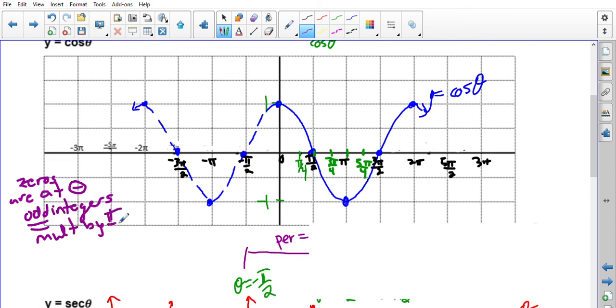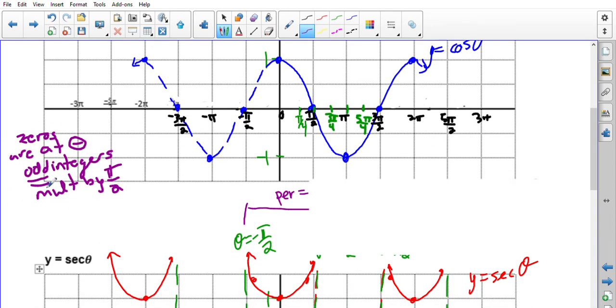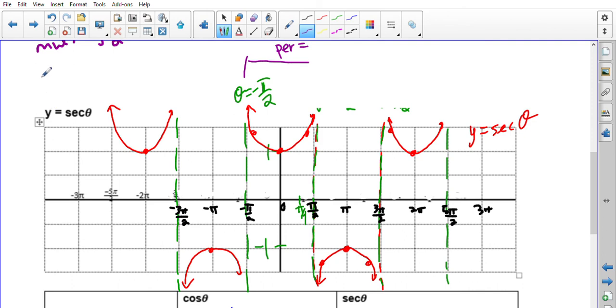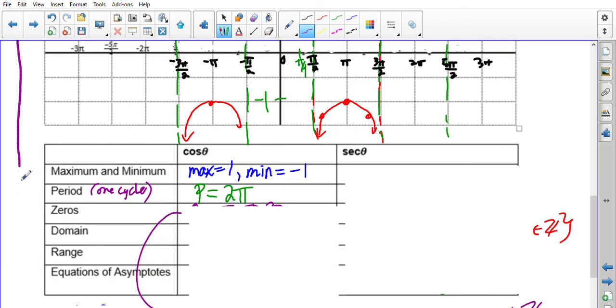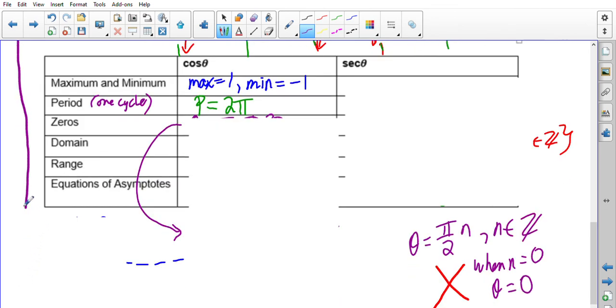So we have to think to ourselves, how are we going to write that out in a mathematical formula?